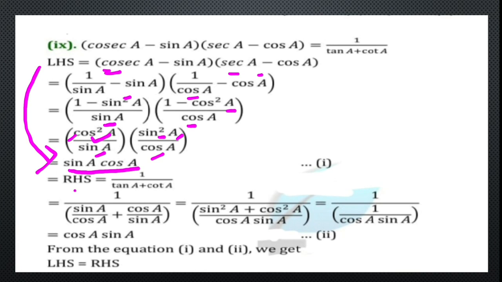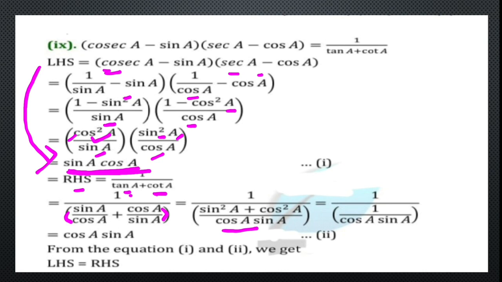Now start with the RHS part. RHS is 1 by 1 plus tan a cot a. Since the LHS is reduced to the form of sin a cos a, I am changing tan a and cot a into sin a and cos a. So tan a is sin a by cos a, cot a is cos a by sin a. Do the LCM and the addition.